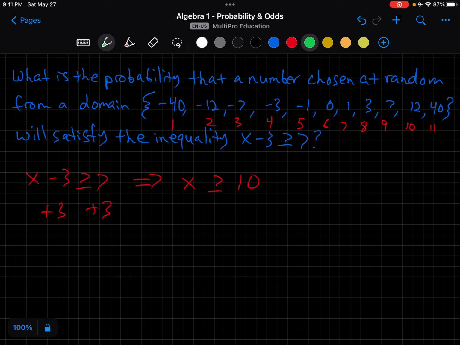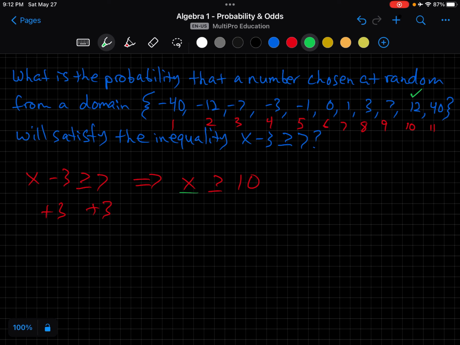And so what we need to do is find when x is greater than or equal to 10 up here. Fortunately, in this domain, we have numbers all in order, so we don't have to reorder the numbers. So negative 40 is not greater than or equal to 10. Any negative number is not greater than or equal to positive 10. 0 is not. 1 is not. 3 is not. 7 is not. 12 is greater than 10.